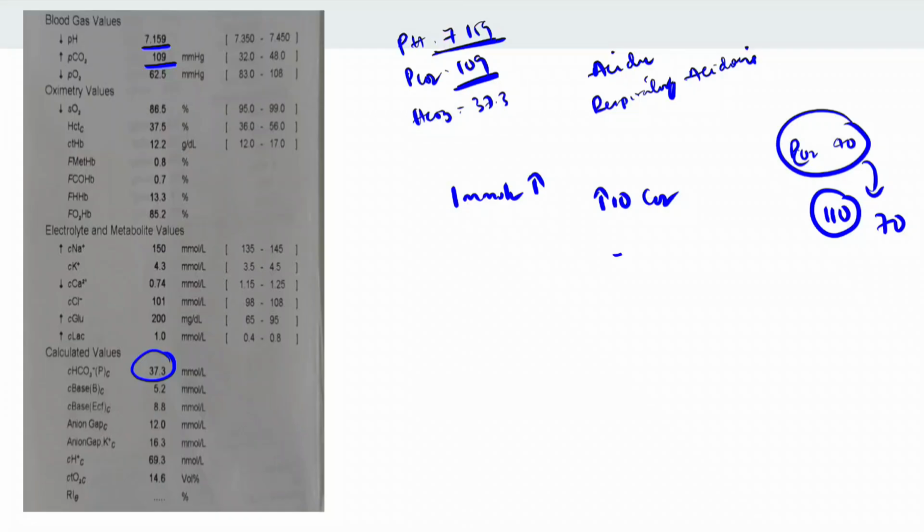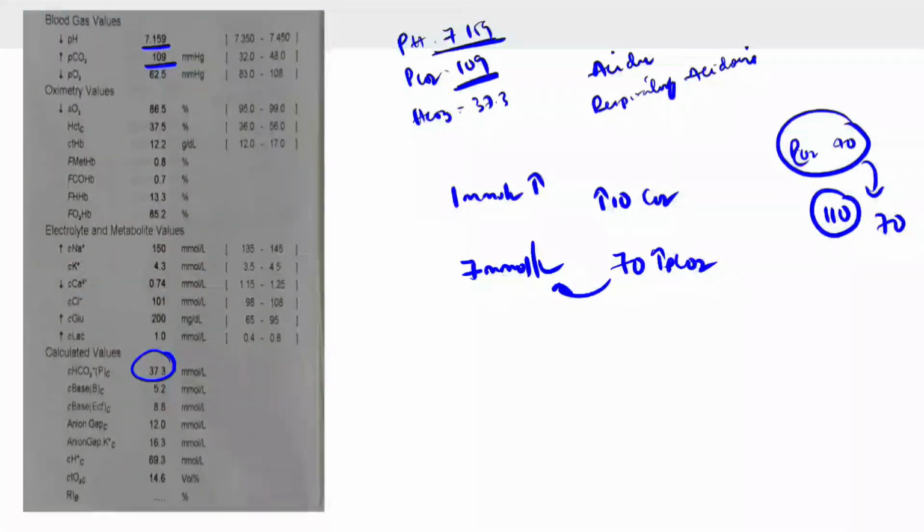For that to be compensated, the bicarbonate should be increased by 7 millimoles per liter.